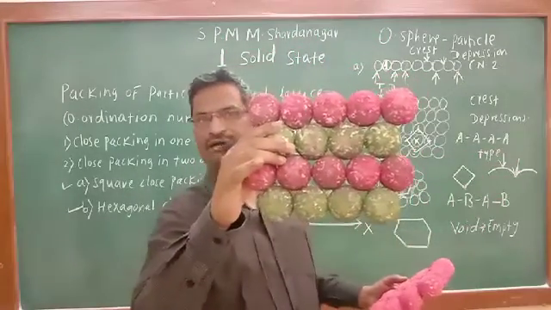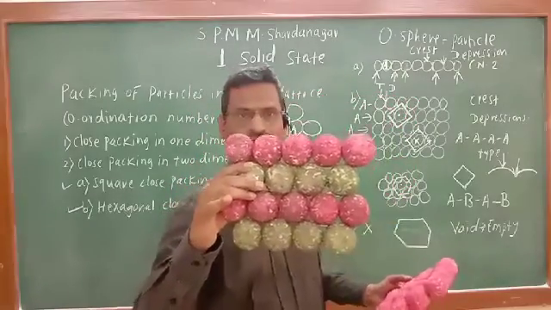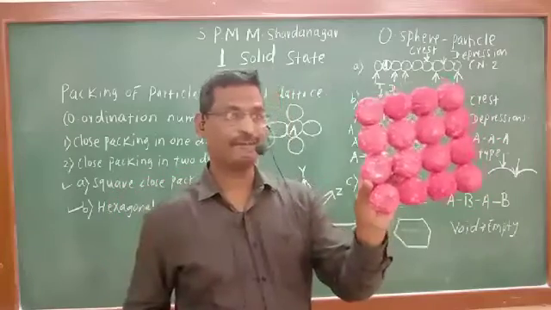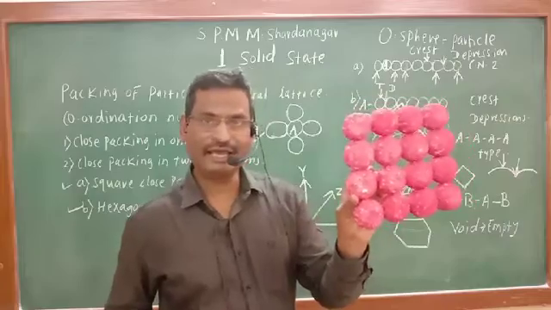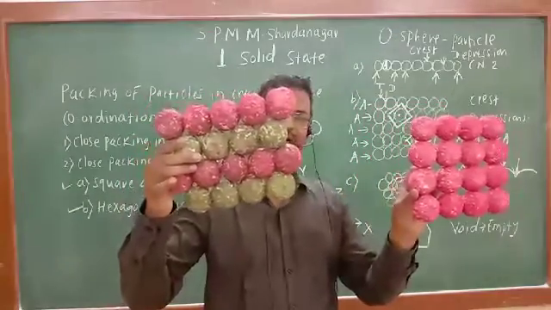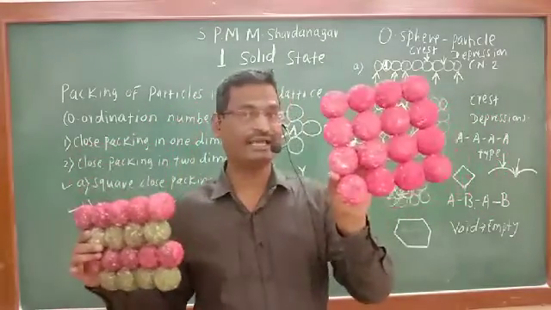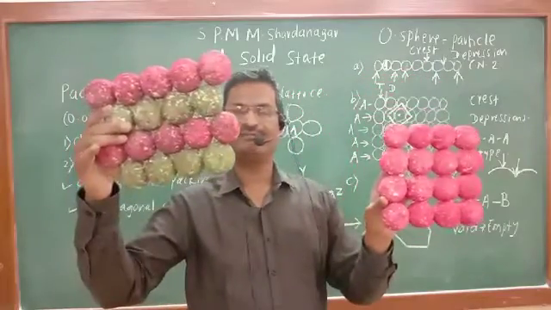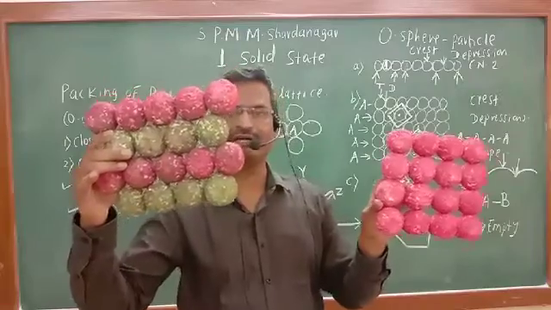And what is the shape of empty space here? Is it square or triangular? This is triangular. So which one has the bigger void space? Whether bigger void space is present in A type arrangement or in the AB arrangement, it is more in A type of arrangement, and empty space is less in the AB type of arrangement.